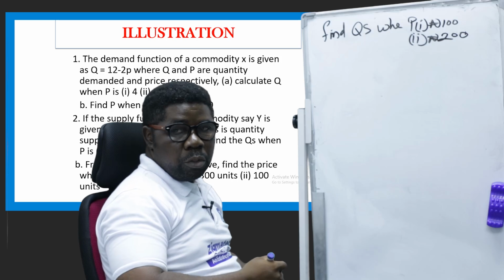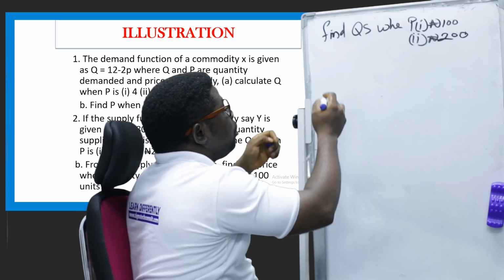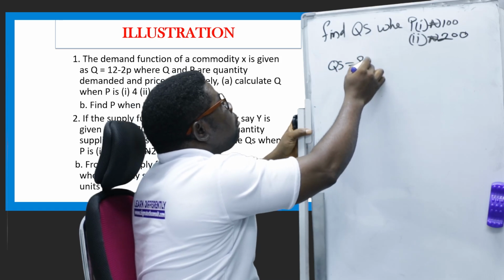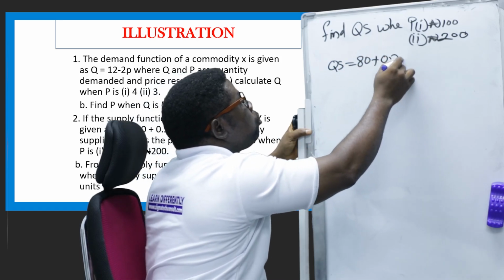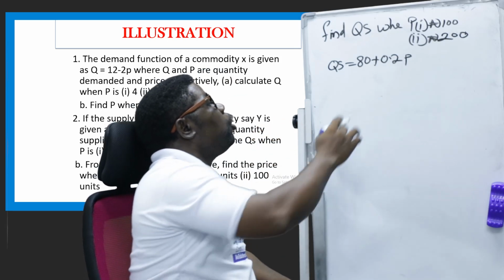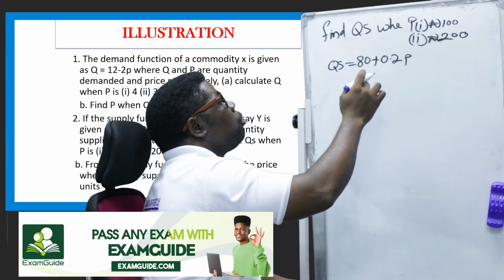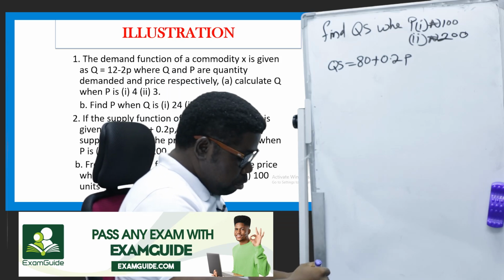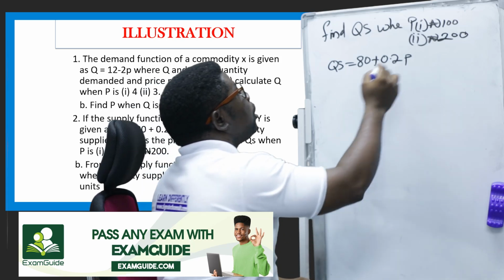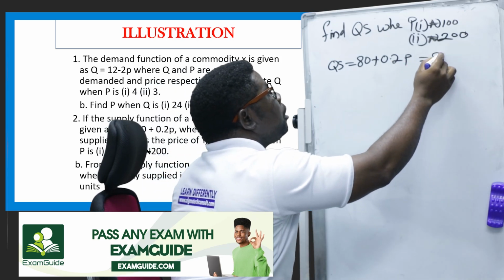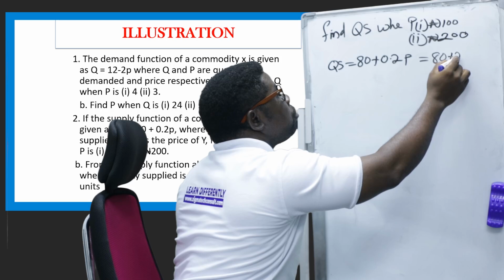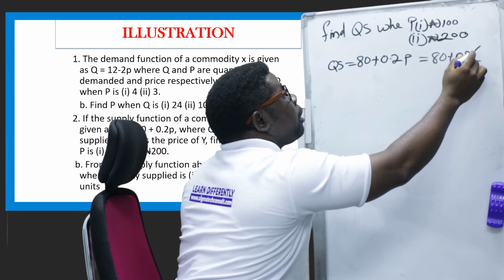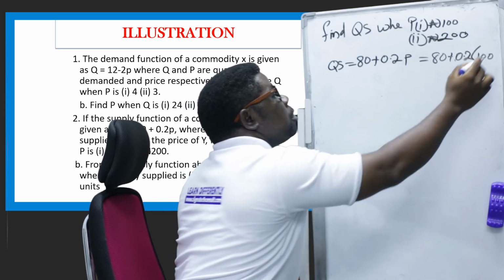Okay, so bring in the formula, the function. It says QS is equals to 80 plus 0.2P. All you need to do is substitute your values into the equation and solve out. So QS will be equal to 80 plus 0.2 times bracket 100, all right?